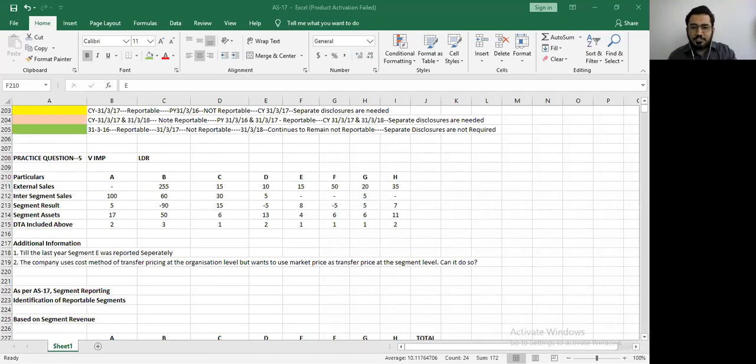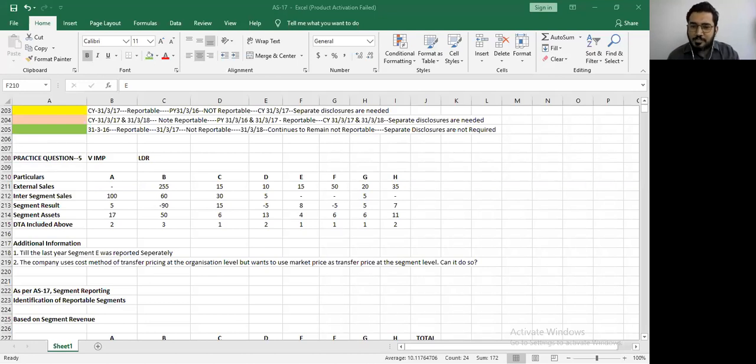F, G and H में मैं मानता हूं कि F का प्रॉफिट बहुत अच्छा है, लेकिन आप एक बार F का रिजल्ट देखिए. F is a loss making segment. My question is, would you like to disclose a loss making segment? F, I agree, has a lot of revenue, has the highest revenue.